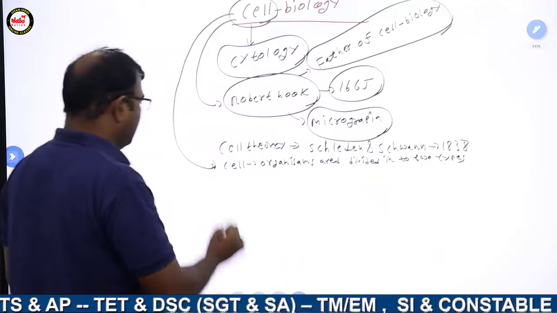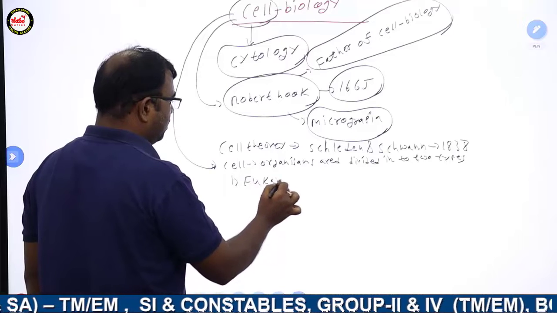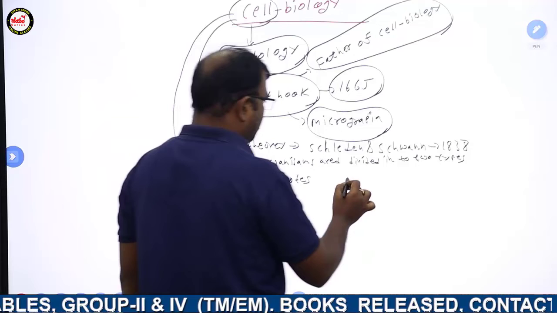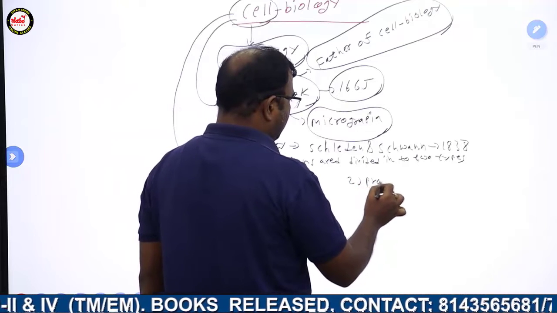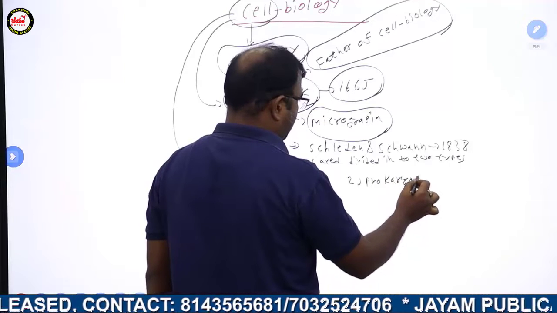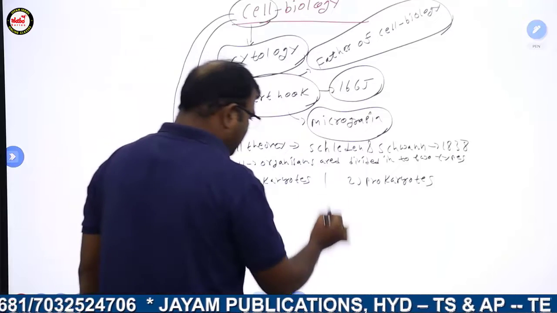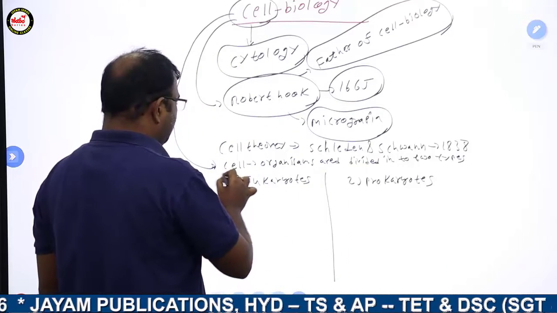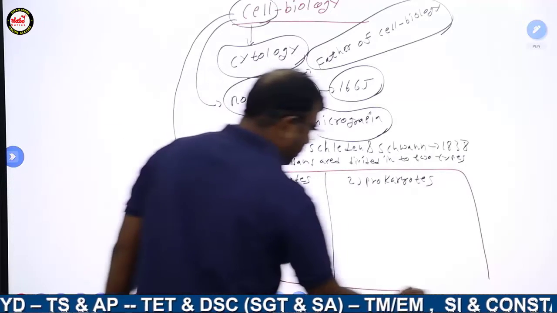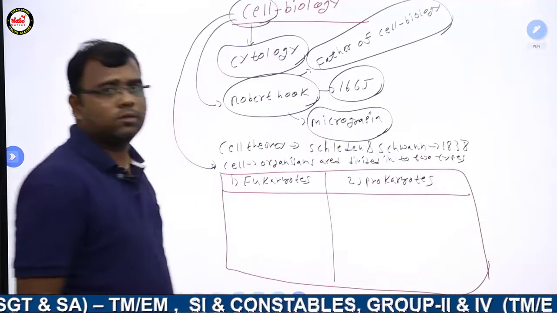The first one is eukaryotes and the second one is prokaryotes. What is the difference between eukaryotes and prokaryotes?